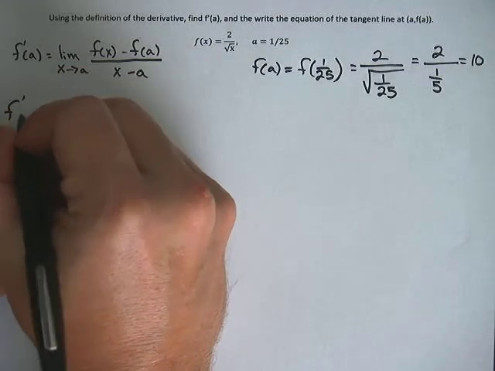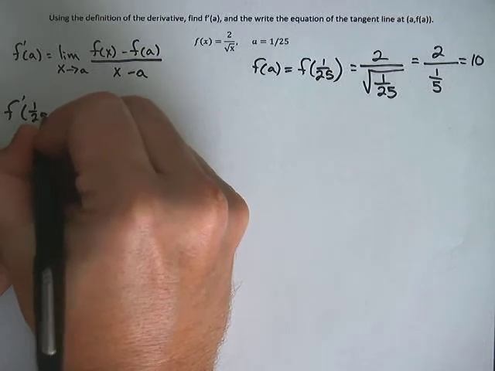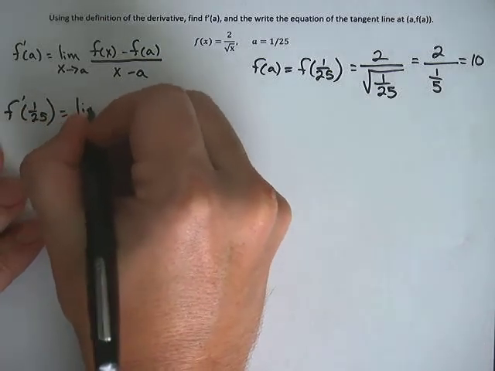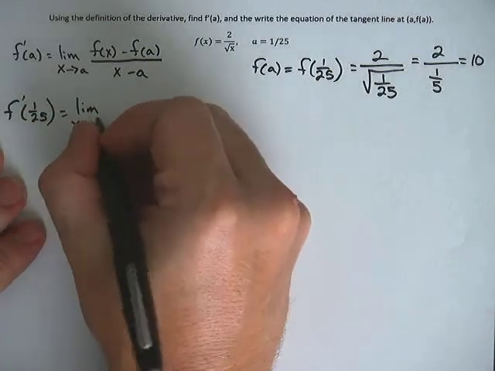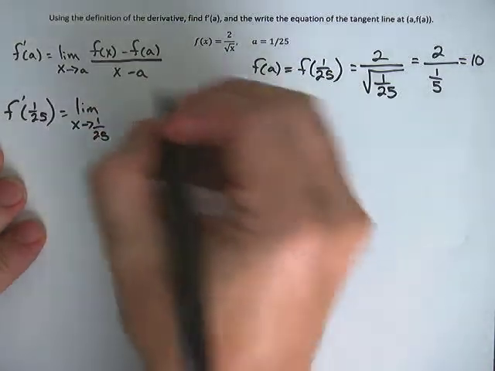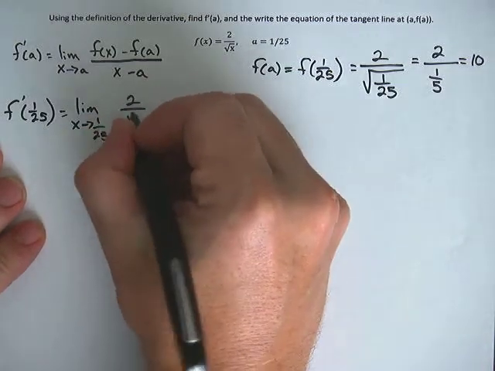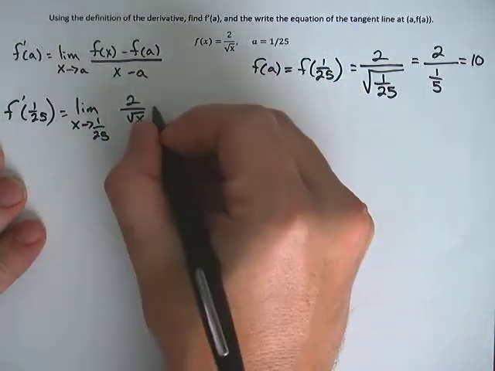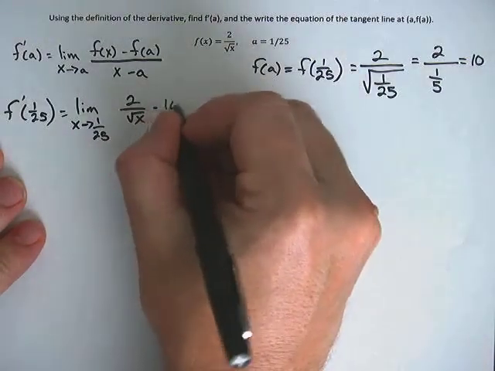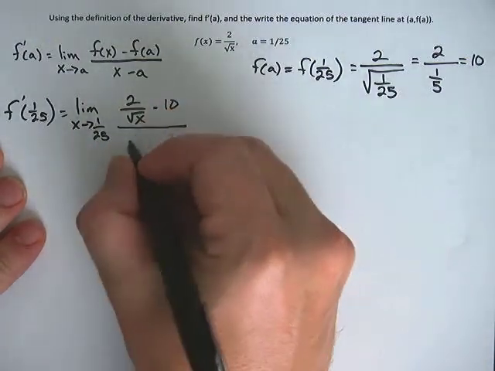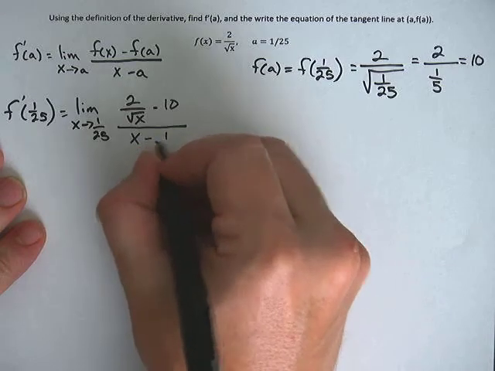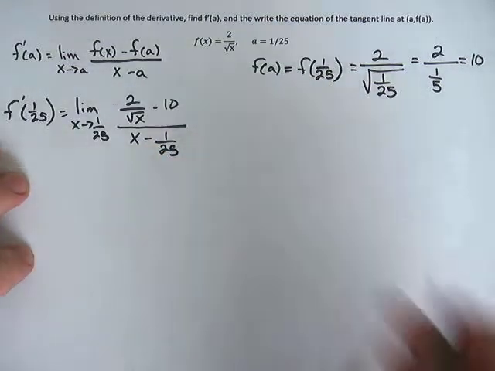So let's go ahead and start then. We've got f prime of 1 over 25 is equal to the limit as x approaches 1 over 25 of 2 over the square root of x, minus, we've already found that out, 10, over x minus 1 over 25.